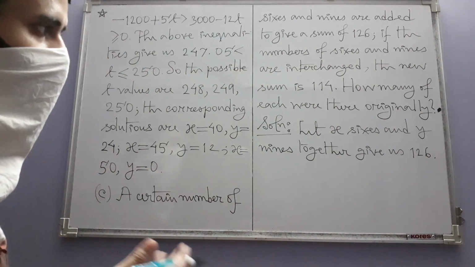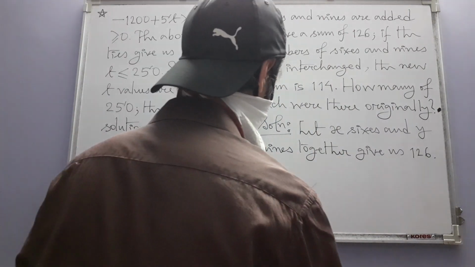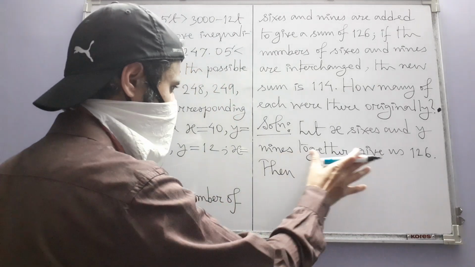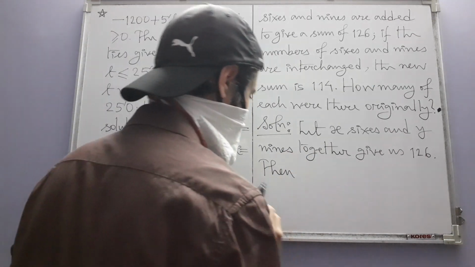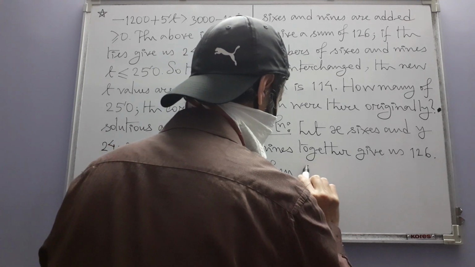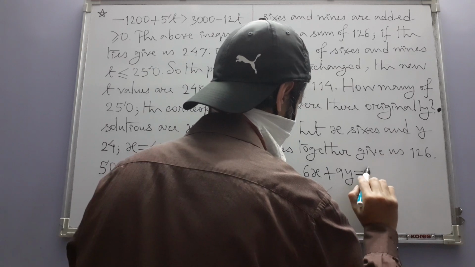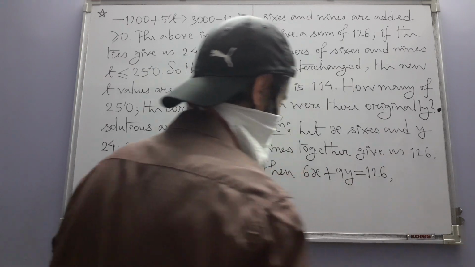So you know what we are considering here. Then first of all, just expressing this in the form of an equation, we get 6x plus 9y equal to 126.